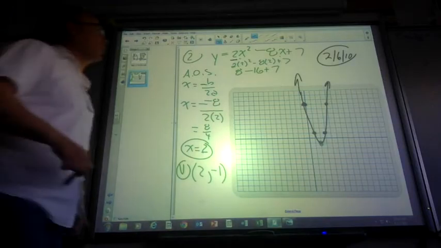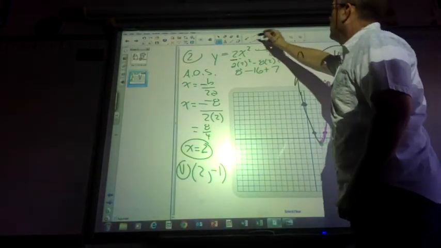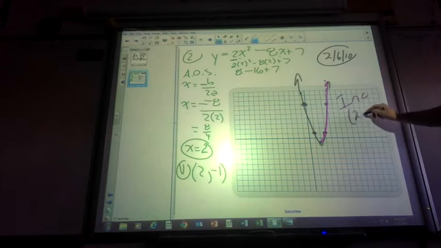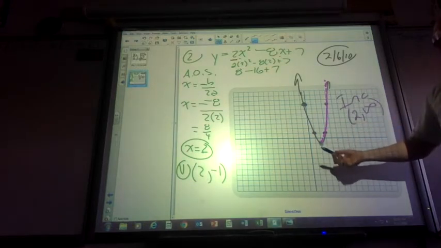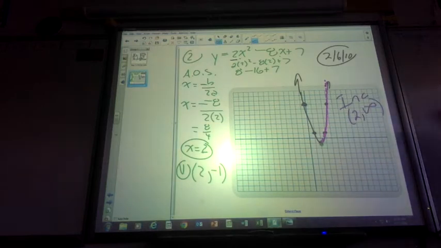Where is this graph increasing? Well, it's increasing from here to here. So tell me, where's that increasing? It's increasing from 2 to infinity. So in the x direction, as I move further to the right, my value becomes larger and larger.